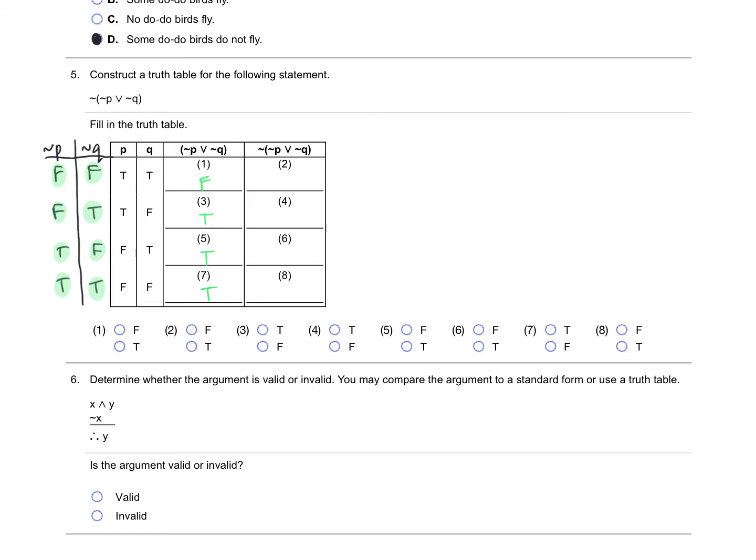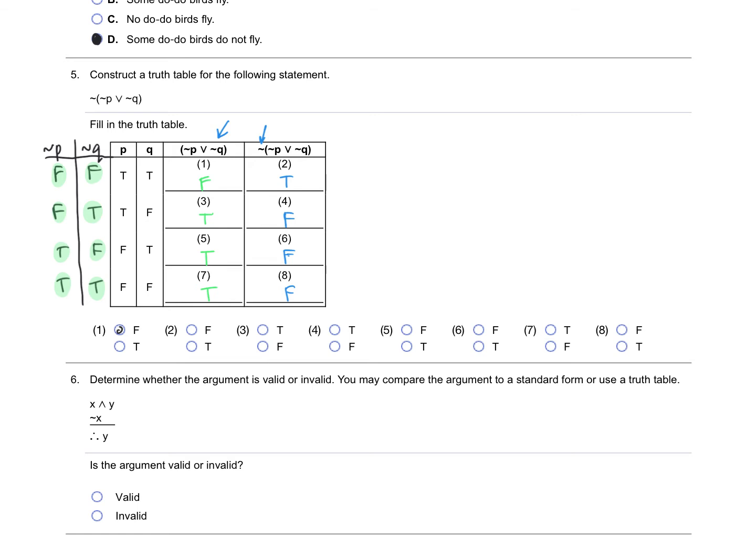Okay, now we want to negate that whole thing. So we're just going to go down and write the opposite of what we got in that first column. Since this row we have false, then this will be true. True is false, and true is false. So again, this is just negating what we just found in the previous column.